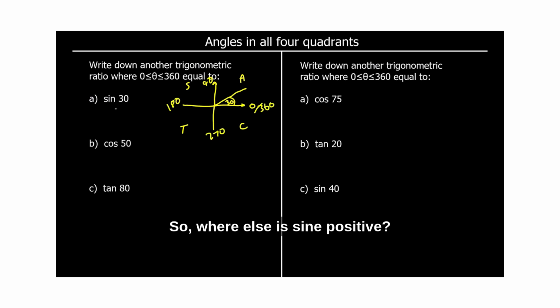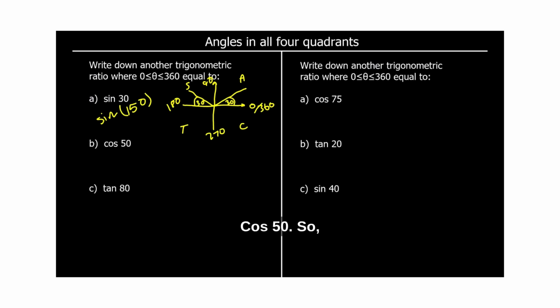So where else is sine positive? Sine is positive between 90 and 180, so it must be in there, and it's always the acute angle. So it is the same as 180 minus 30, 150. Sine 150 is equal to sine 30.